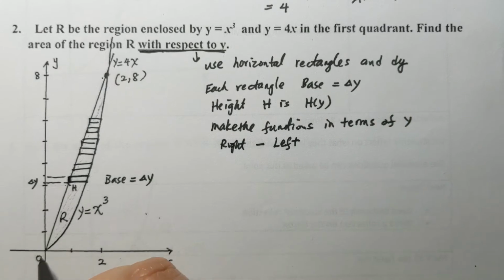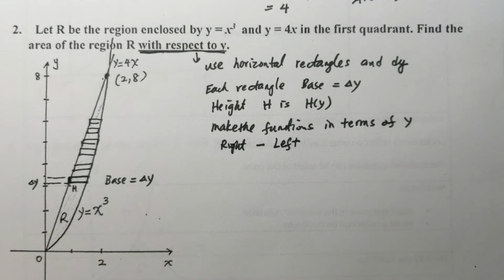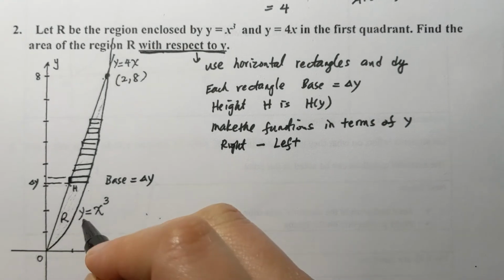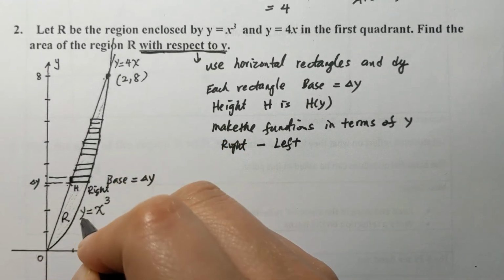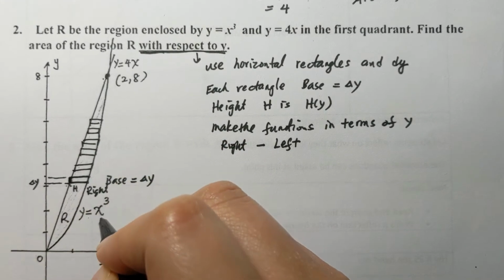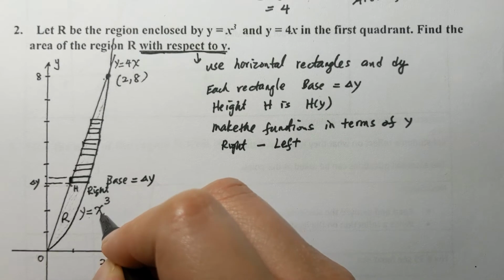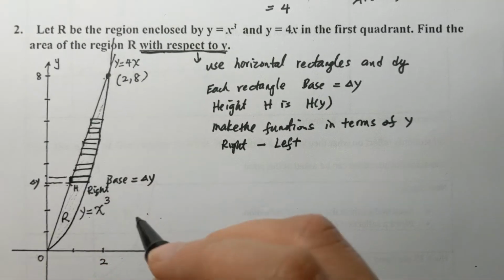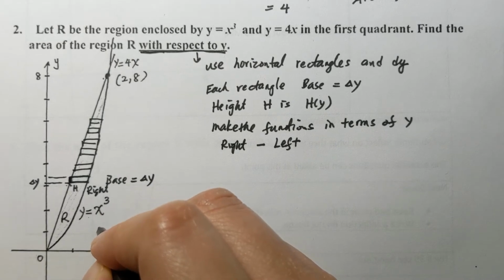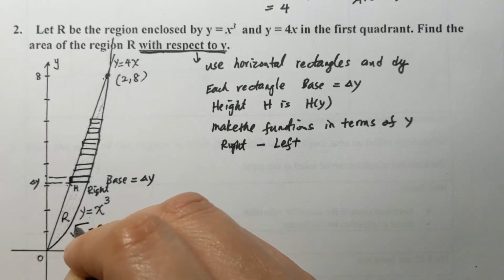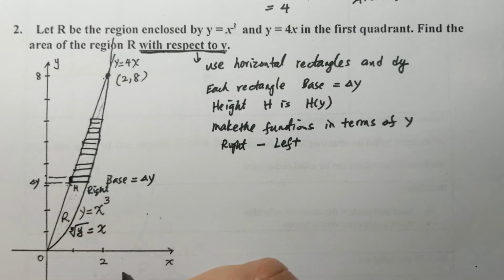Only when you do right minus left do you get positive. If the other way around, you get negative. Over here, my right is going to be y equals x cubed. So you're going to solve for x, make it in terms of y. Undo the x cubed with a cube root. So therefore x equals the cube root of y.